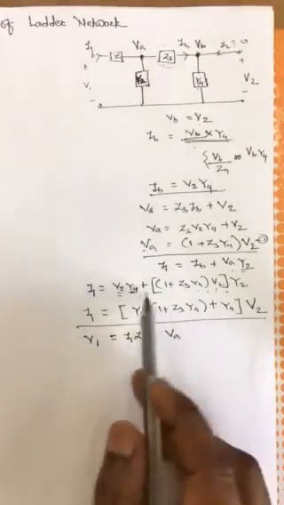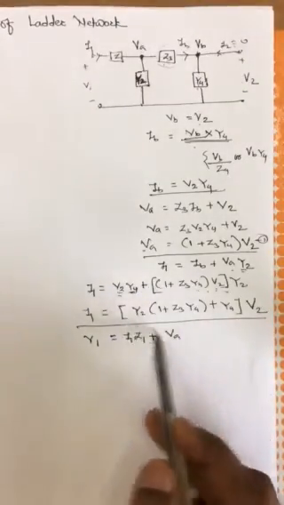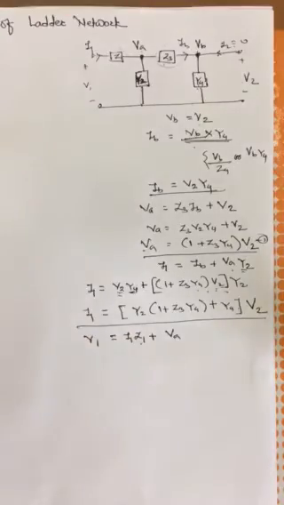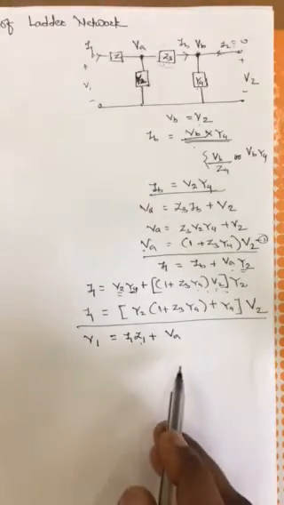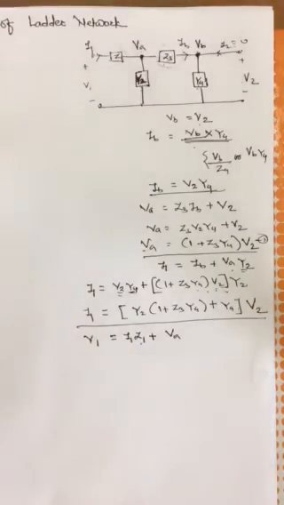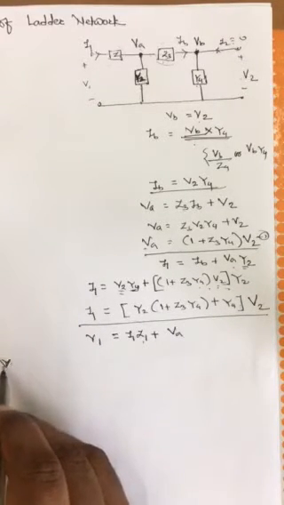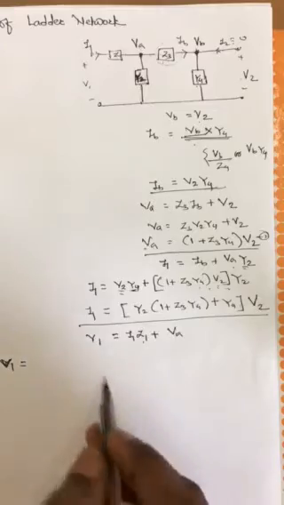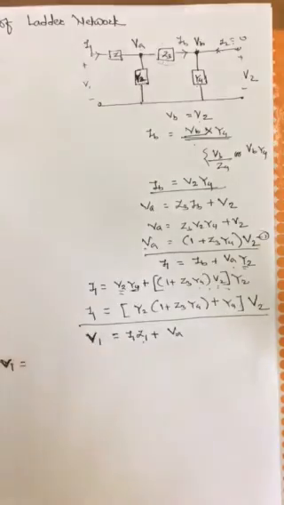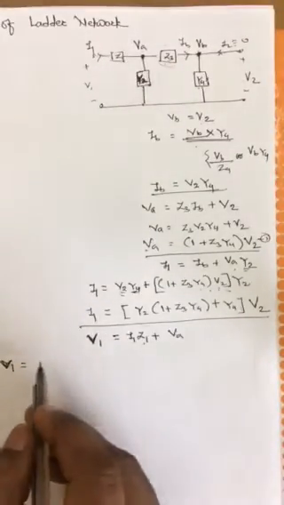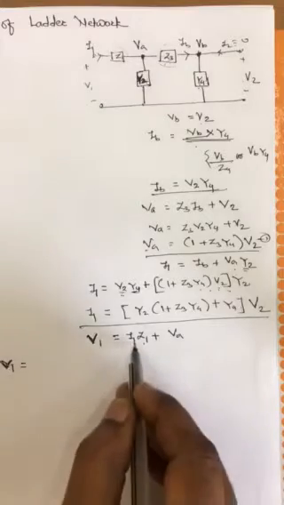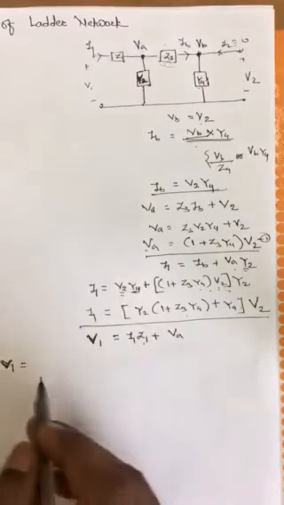I already have the complete I1. So I1 Z1 plus VA. VA is nothing but V2 times 1 plus Z3 Y4, right? So I can write V1 equal to I1 multiplied by Z1.